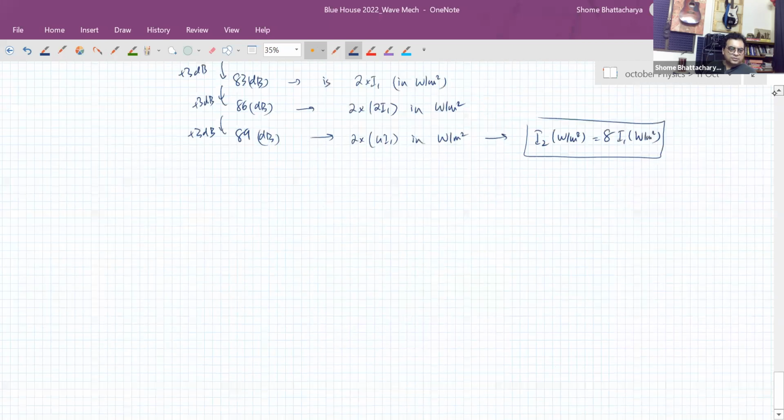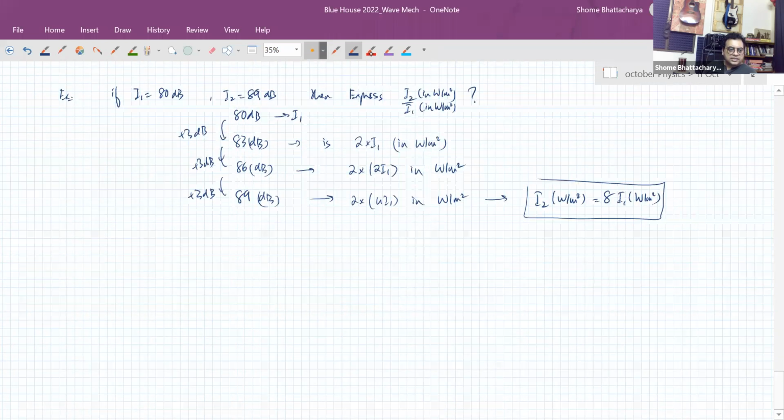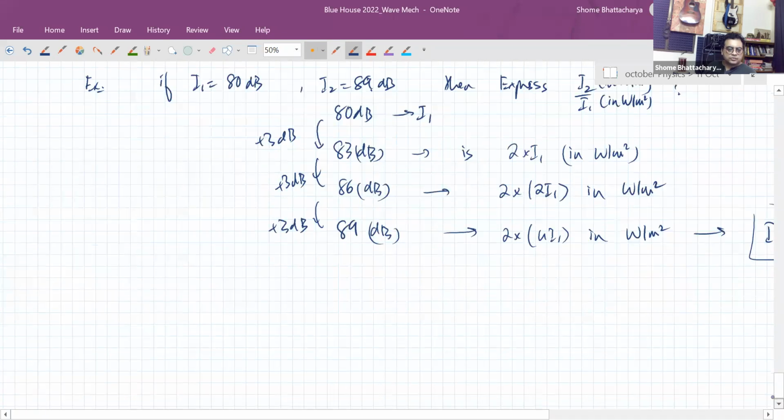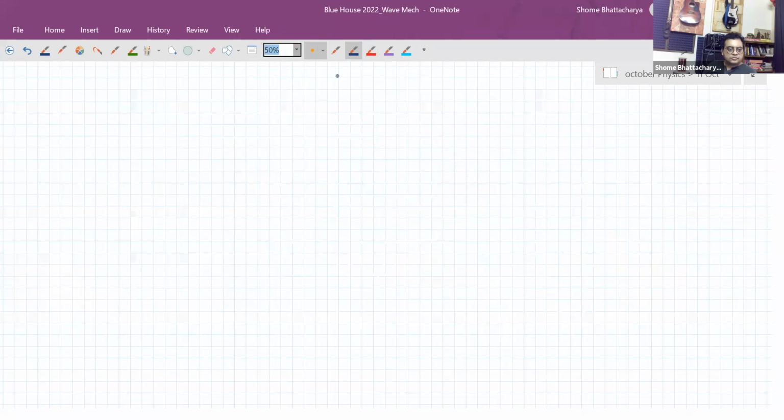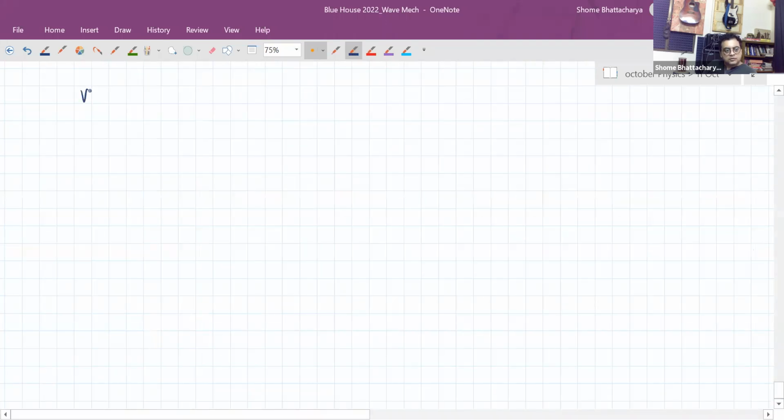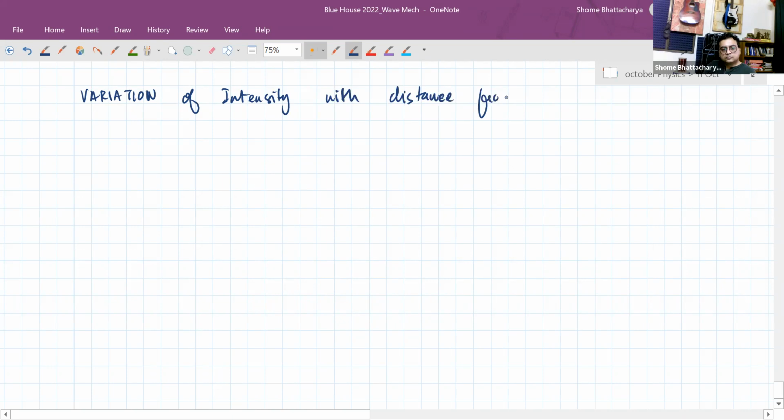Now, another place where this becomes important is understanding variation of intensity with distance from a point source of sound. So something actually doesn't need to be exactly a point source.